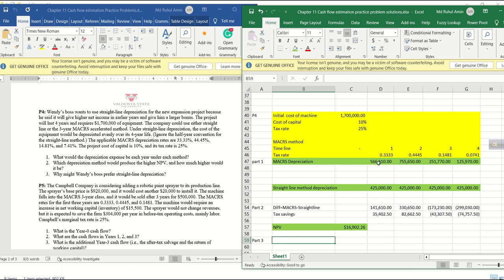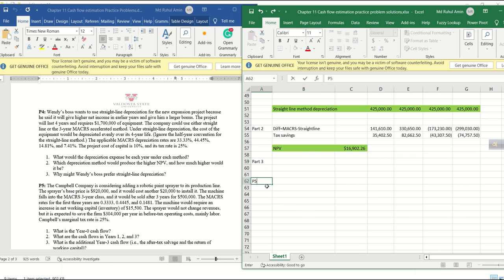The first year net income would be reduced by $566,000 under MACRS, whereas with straight line the first year profit would be reduced by $425,000. So there will be more net income left, and then definitely the manager will get more bonus. That could be one reason.